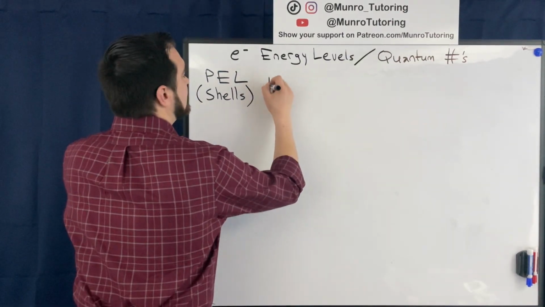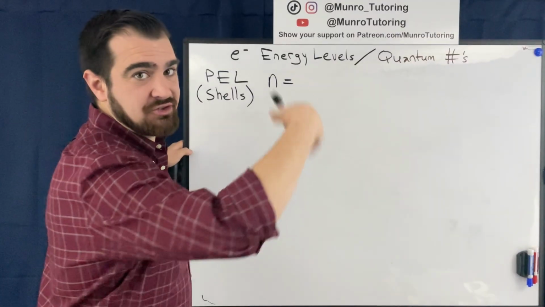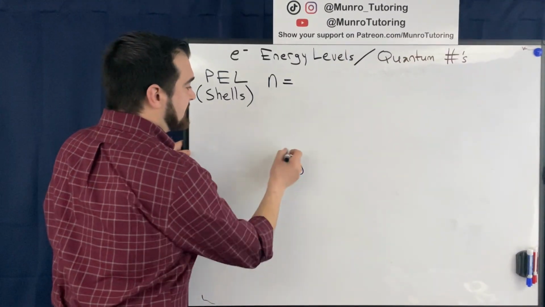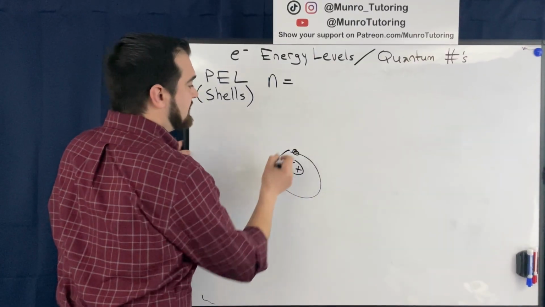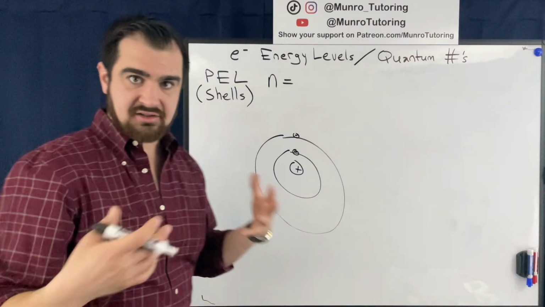So lowercase n can equal shell 1, shell 2, shell 3. If we have our nucleus, electrons can be over here, or over here: shell 1, shell 2, and so forth.